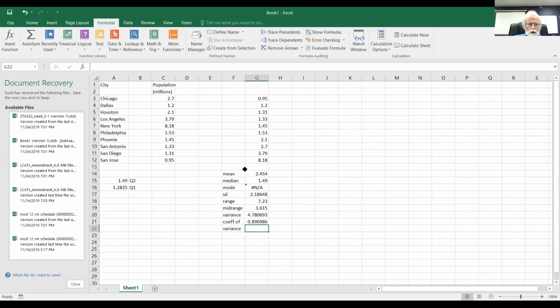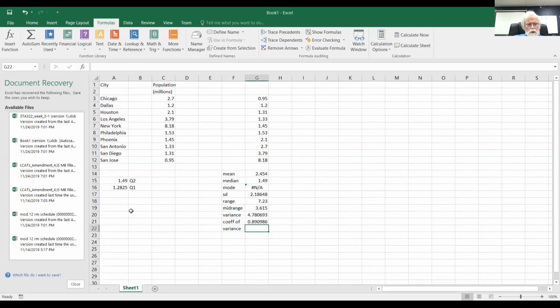So you'll be doing all of these calculations as a part of your assignment for this week. I'm going to send you a quick email. All right, see if this works.